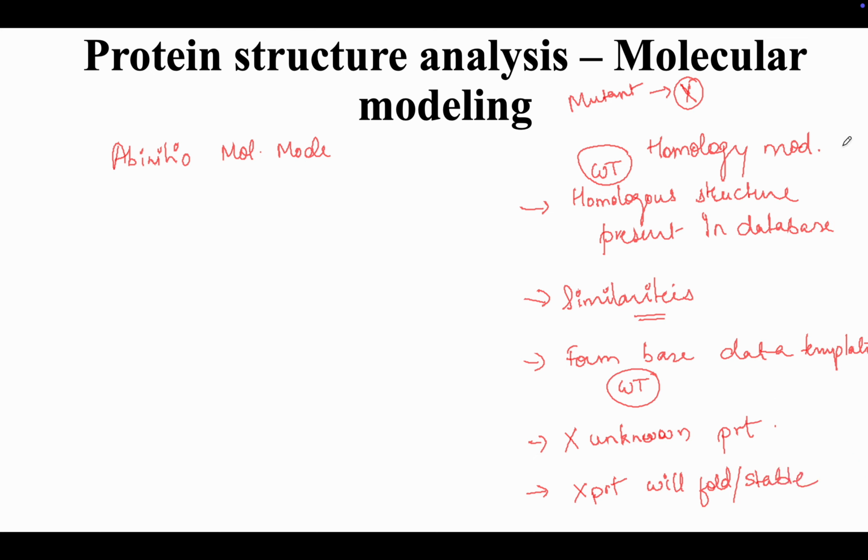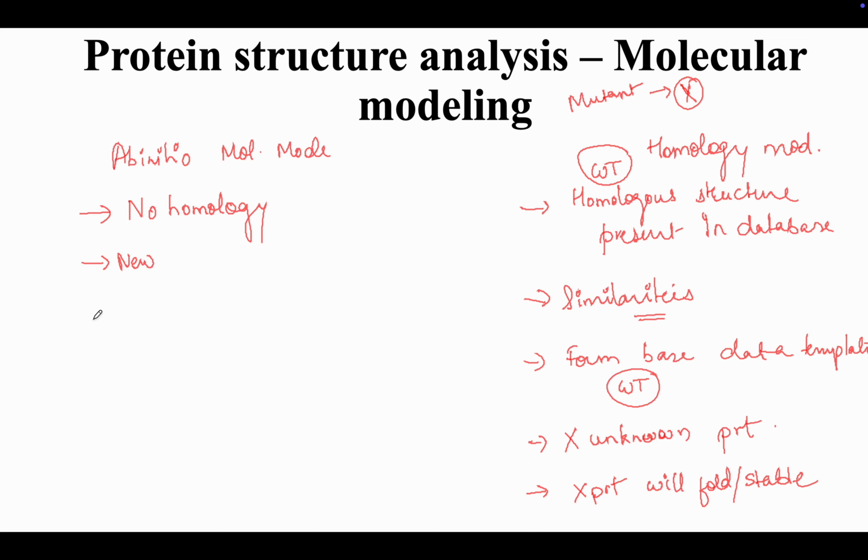Or what conformation or how stable our X protein would be. So this is the basis of homology modeling, whereas in ab initio molecular modeling, we have no homology. If our protein of interest is completely new and we have no knowledge about the protein, then we use ab initio molecular modeling.